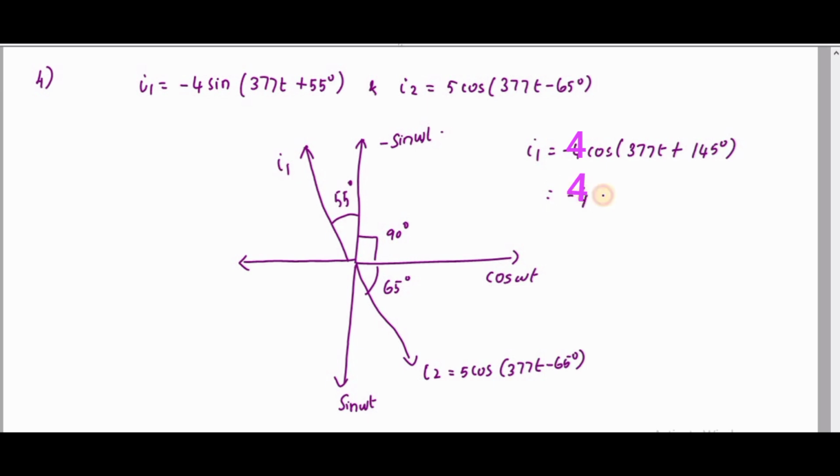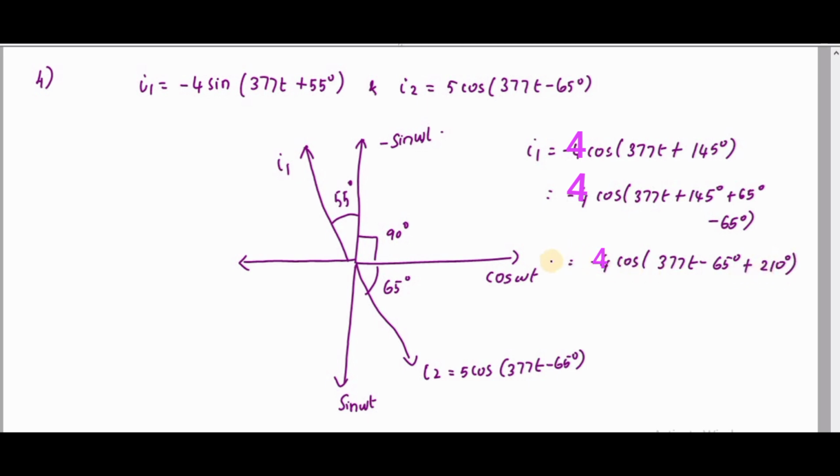This I can also write as minus 4 cos(377t plus 145 degrees plus 65 degrees minus 65 degrees). So I can write it as minus 4 cos(377t minus 65 degrees plus 210 degrees).